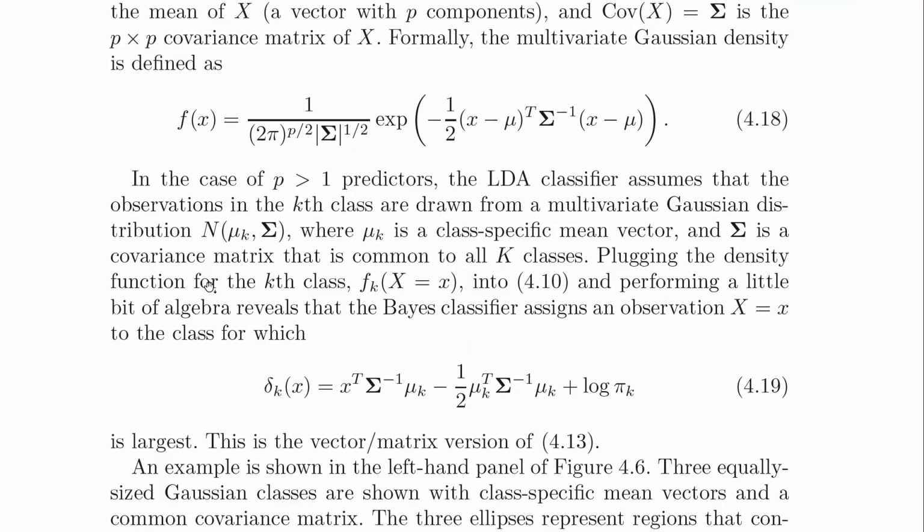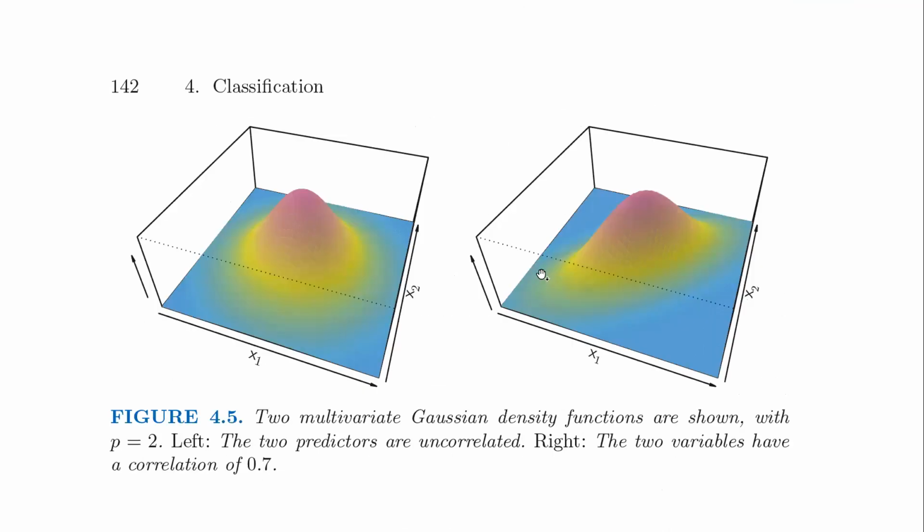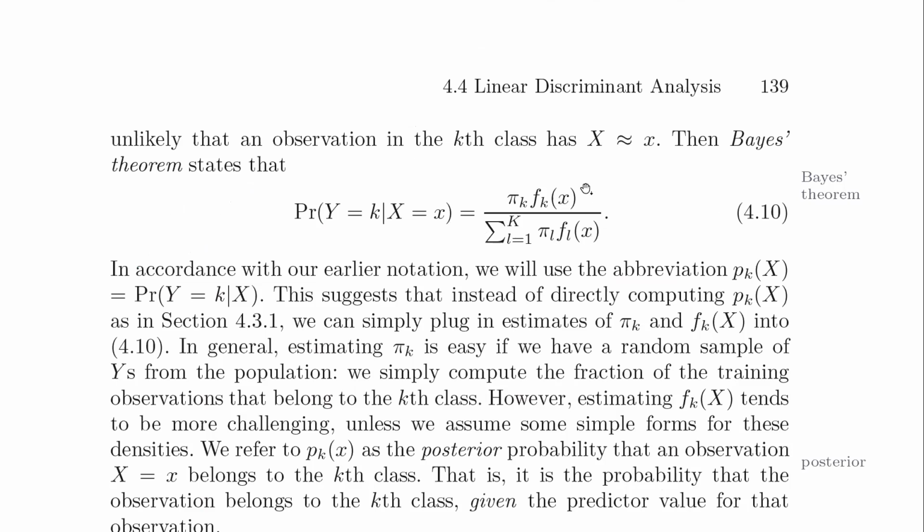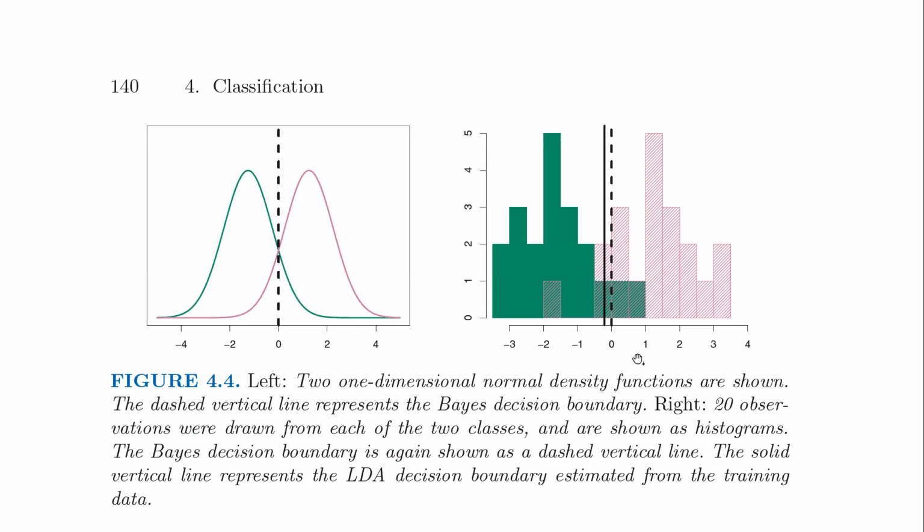Plugging the density function for the kth class, f_k(x), into 4.10, and performing a bit of algebra, which we're not going to do, reveals that the Bayes classifier, so 4.10 is the key to everything, right? It is Bayes' theorem.